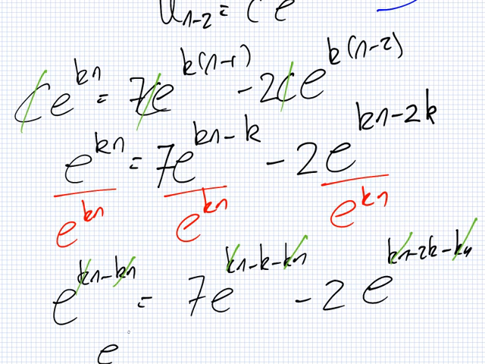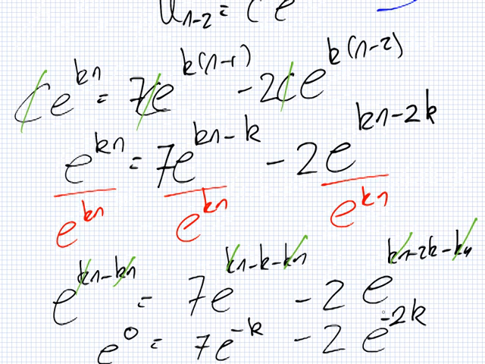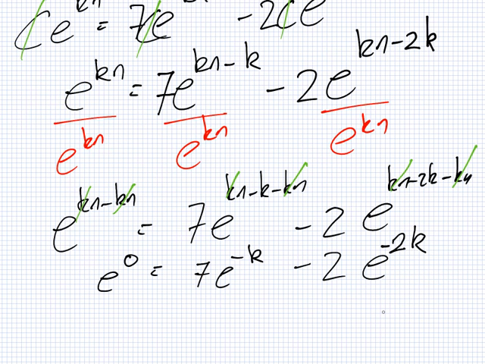So I have e^0 equals 7 e^(-k) minus 2 e^(-2k). So far so good, I guess. What do we do next?